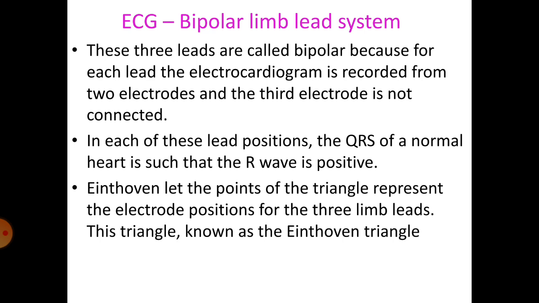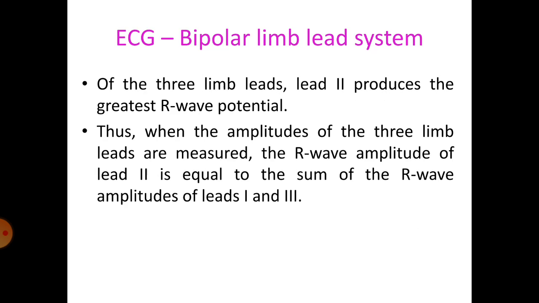The triangle is known as Einthoven's triangle. Of the 3 limb leads, lead 2 produces the greatest R wave potential. When the amplitudes of the 3 limb leads are measured, the R wave amplitude of lead 2 is equal to the sum of the R waves in lead 1 and lead 3.